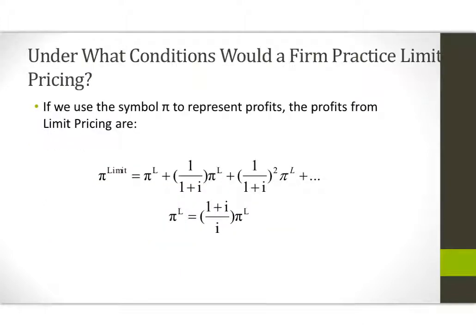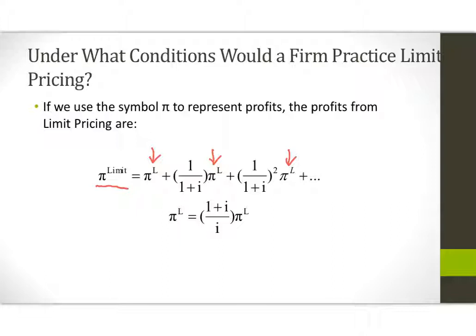Okay, so if we think about what they're doing when they limit price, this is profits if they limit price. This is their actual profits today. This is their profits next period. This is their profits the period after. And this is that amount of profits they make that's less than their profit maximizing level, which makes entry less desirable. And notice we're discounting the future periods. So all we're doing is saying, okay, how much profit will you actually make from limit pricing every year?